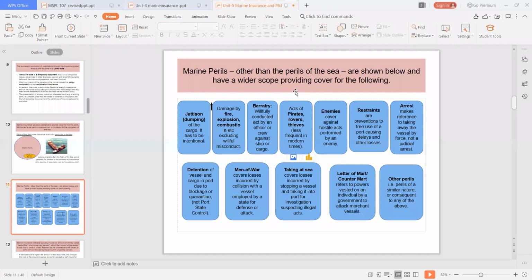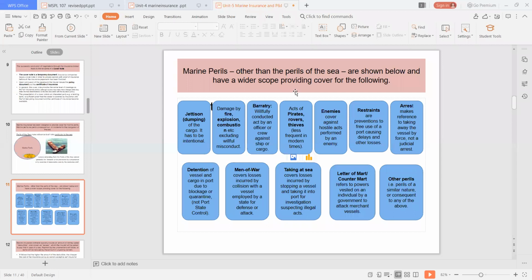Barratry: a willfully conducted act by an officer or crew against the ship or cargo. The term, kindly note it down. Acts of pirates, rovers, thieves, less frequent in modern times. Enemies: cover against hostile acts performed by an enemy. Restraints or preventions to free use of a port, causing delays and other losses.